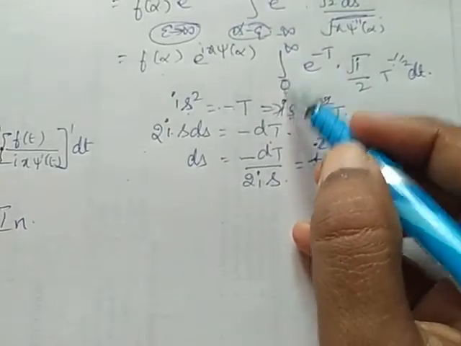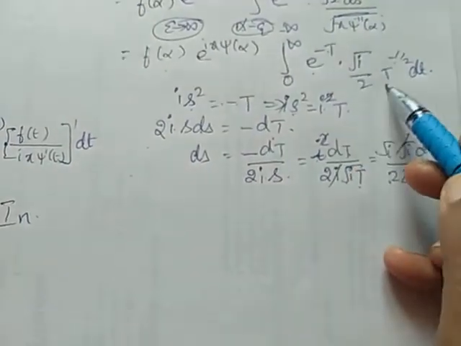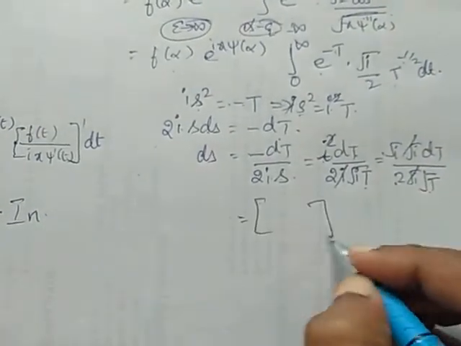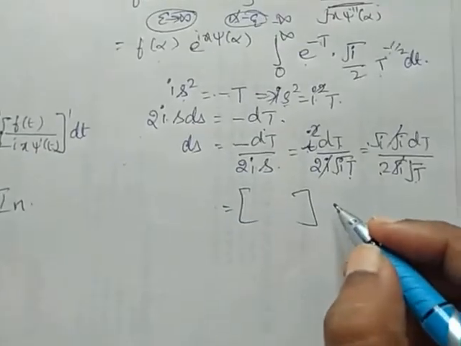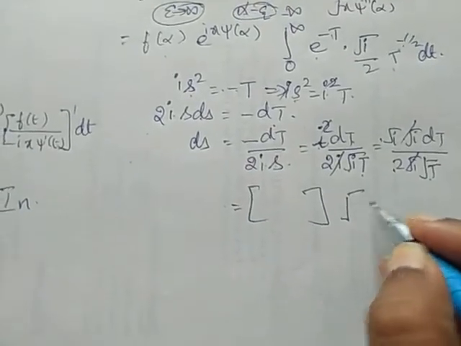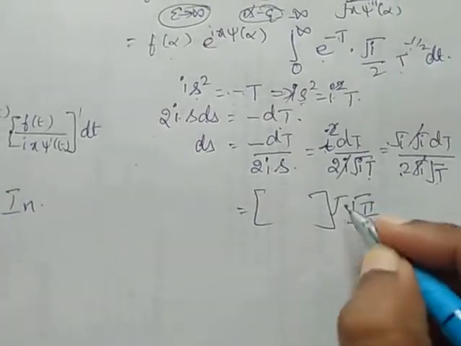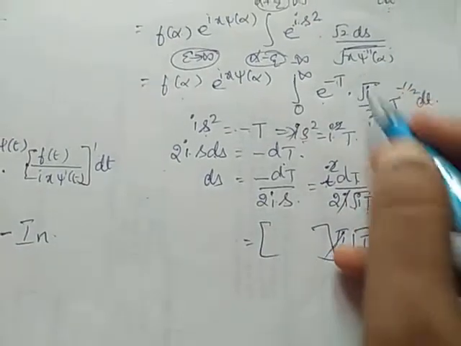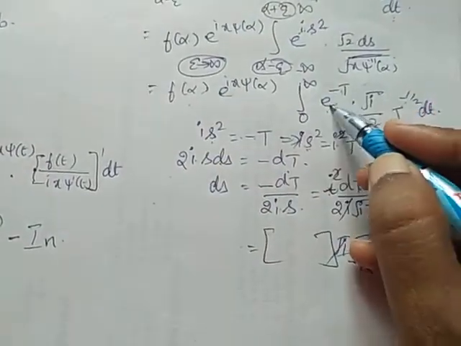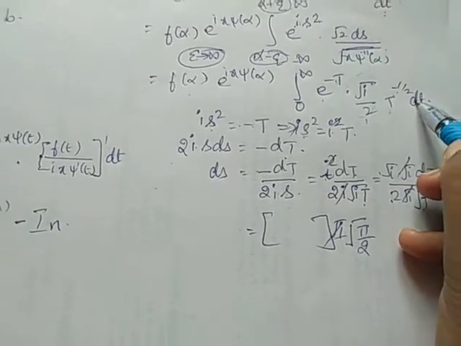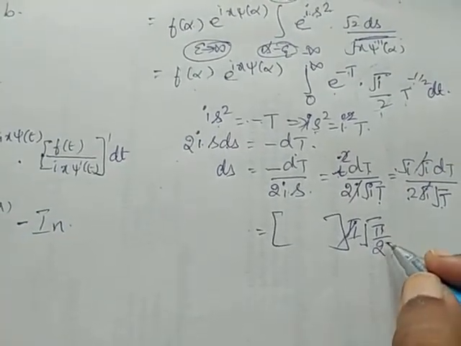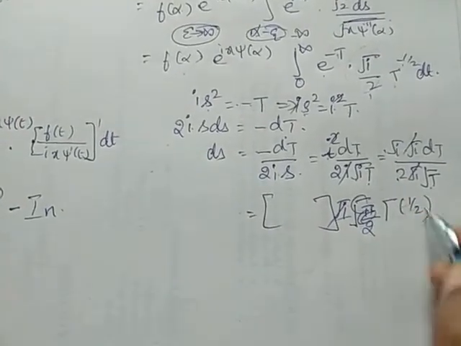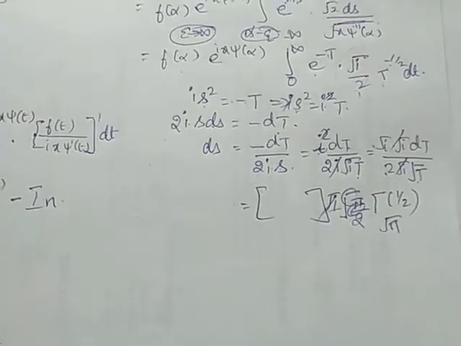Therefore, what is the integral from 0 to infinity of e^{−t} t^{−1/2}? This term remains as it is. The constant root i by 2 remains as it is; all the constants will group here. The integral from 0 to infinity of e^{−t} t^{−1/2} dt is gamma of 1 by 2, which is root pi.